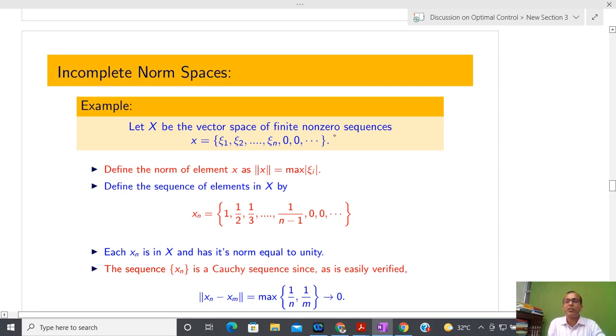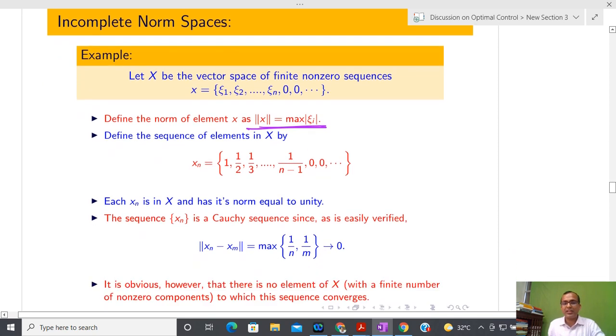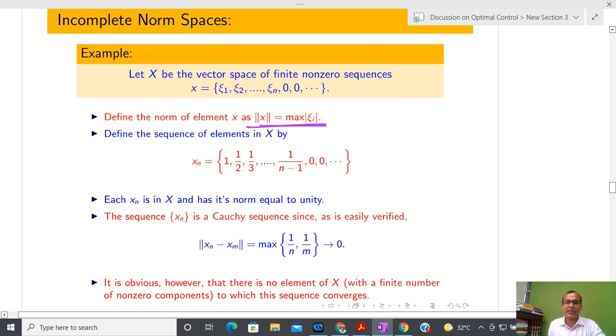If you define some kind of sequence like this, it is possible to show it. And suppose you define the norm like this, the maximum of zeta i, again it is possible to show that this is a Cauchy sequence, but it is not convergent. Please check by yourself. You just have to do the numerical calculation. I have written everything.